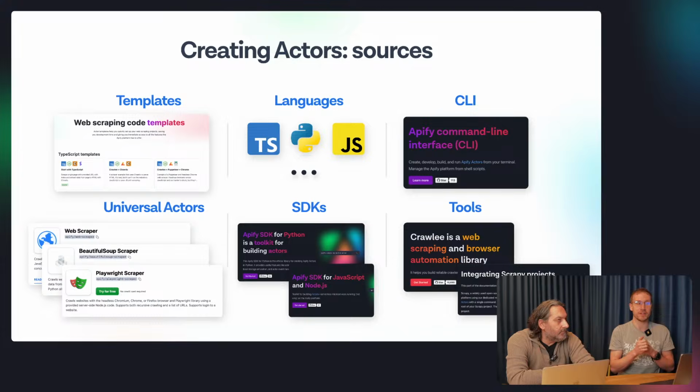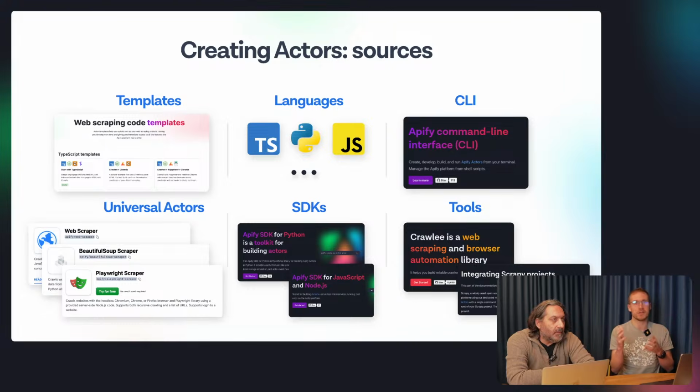And universal actors is really a way to not build an actor at all, but just solve a problem. When you don't want to build the scaffolding and you don't want to build the program itself, but you just want to get some data from some web page, you can use a universal actor and just write the core logic, what the job should do when it loads the page, which data it should extract.